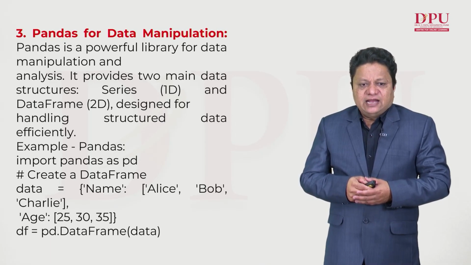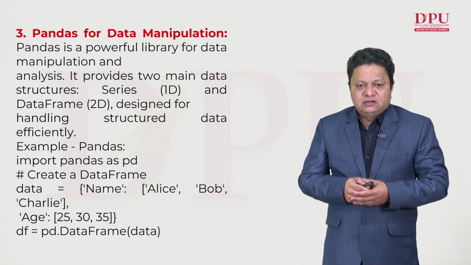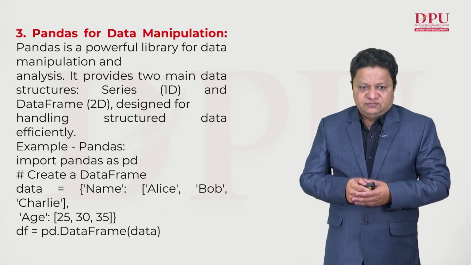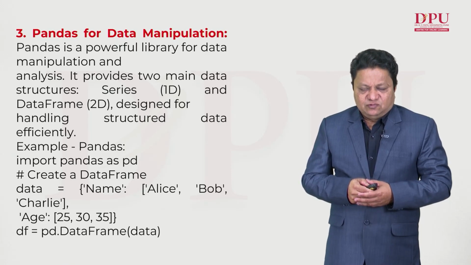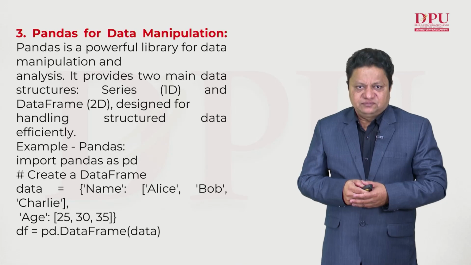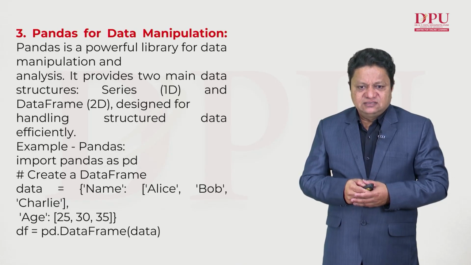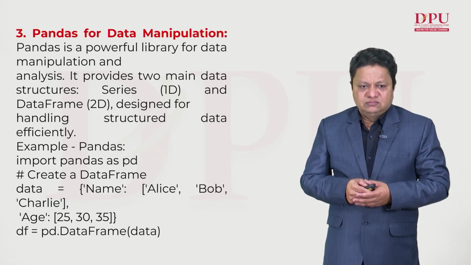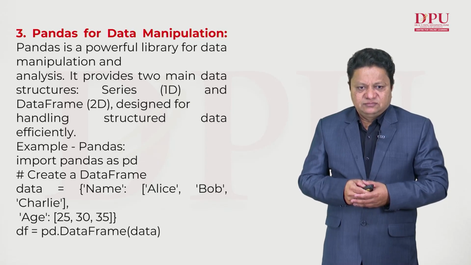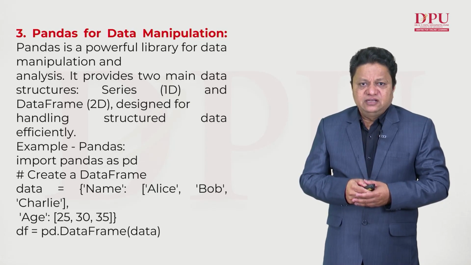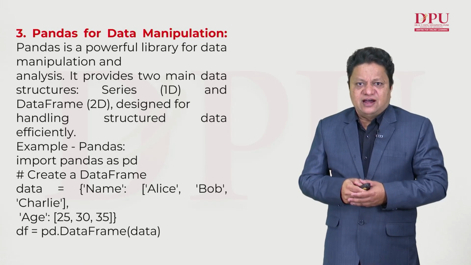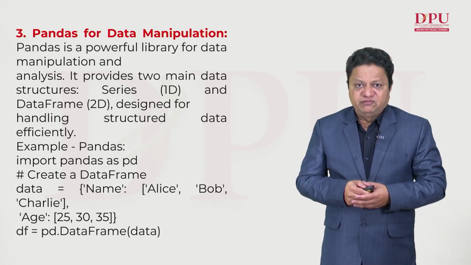So, here I have created a dictionary. As you can see in the example, there is a key and value pair. What is the key here? The key is name: name as Alice, name as Bob, name as Charlie. That is, name is a key and Alice, Bob and Charlie are their values respectively.